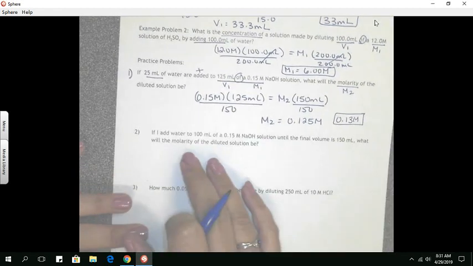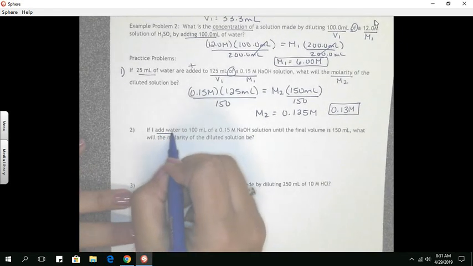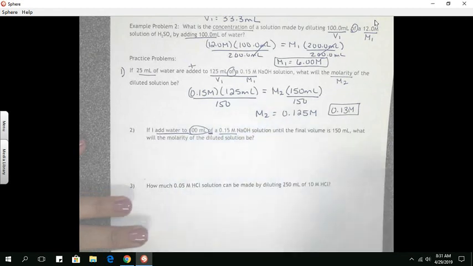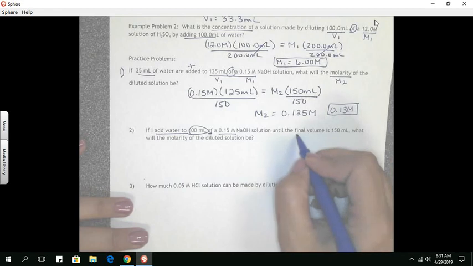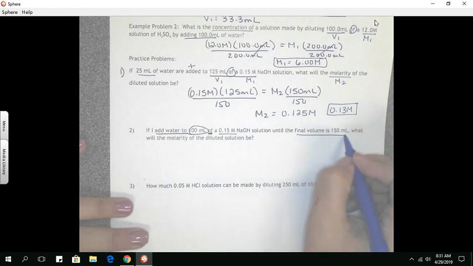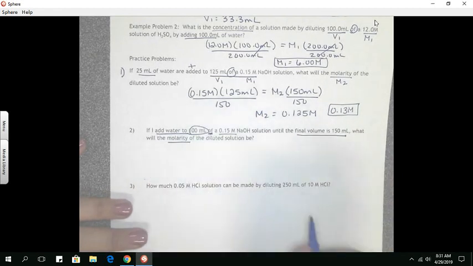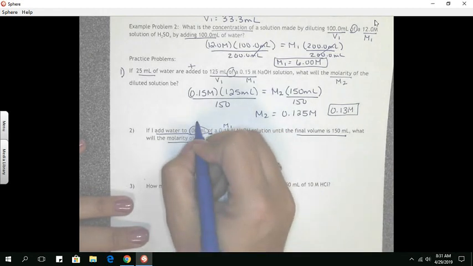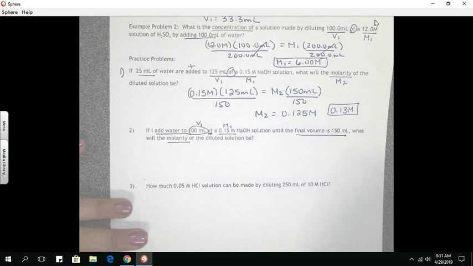Alright, number 2. If I add, again, water to 100 milliliters of a 0.15 molar sodium hydroxide solution until the final volume is 150, what will the molarity be? Right, so we're starting with a molarity of 0.15 and a volume of 100.